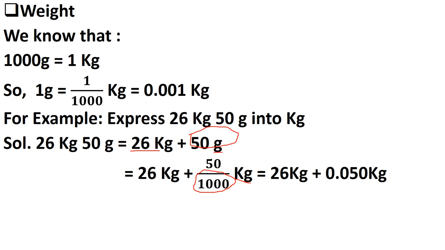So decimal will come here. It is 0.050 kilogram. Now add these both. 26 kilogram plus 0.050 kilogram, which is equal to 26.050 kilogram.